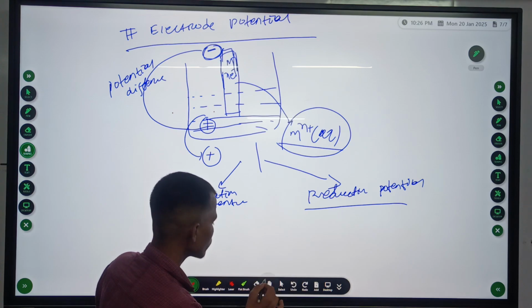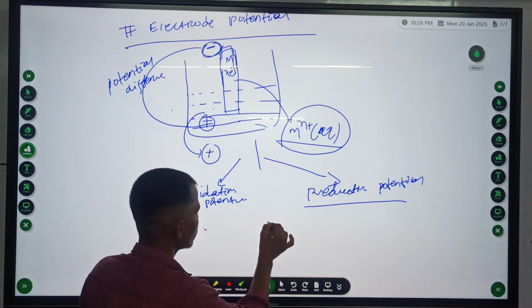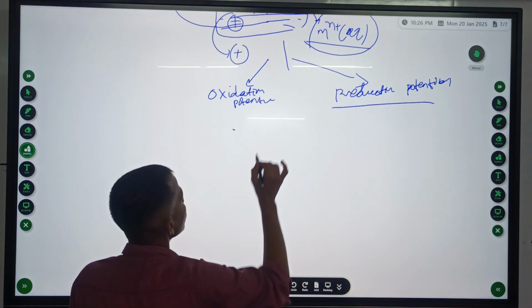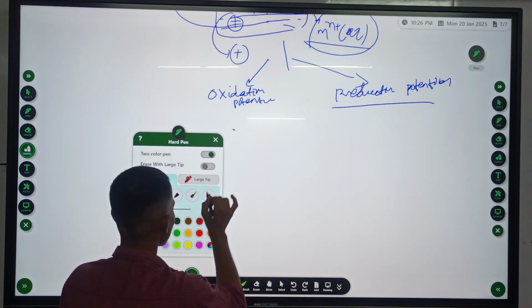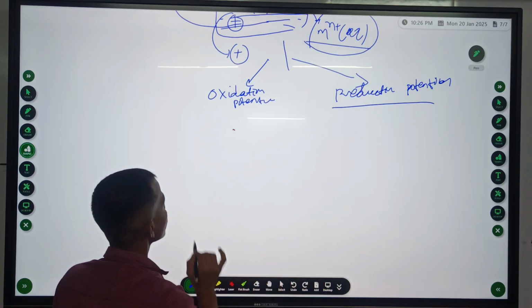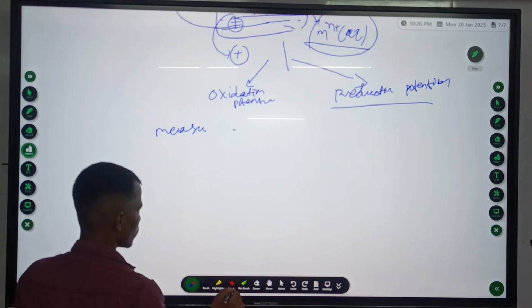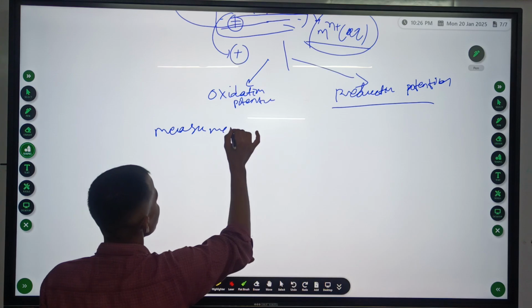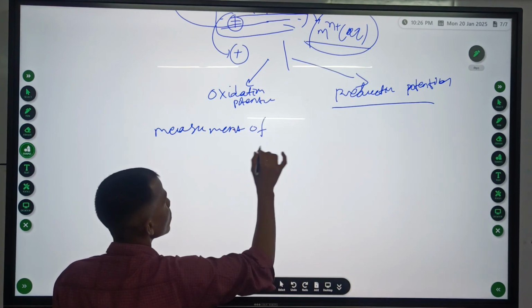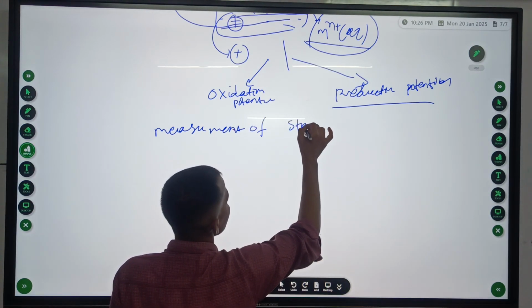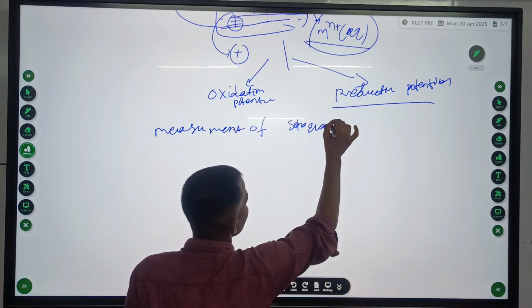Next topic, measurement of electrode potential, the standard measurement of electrode potential.